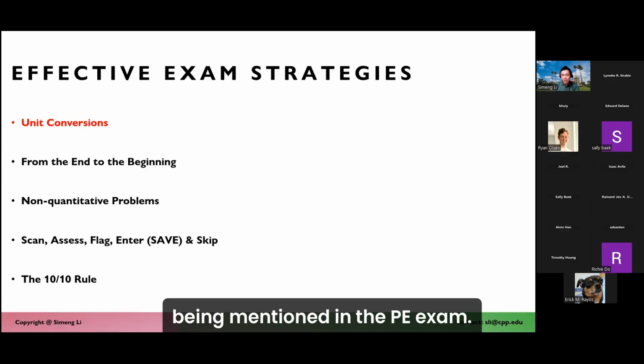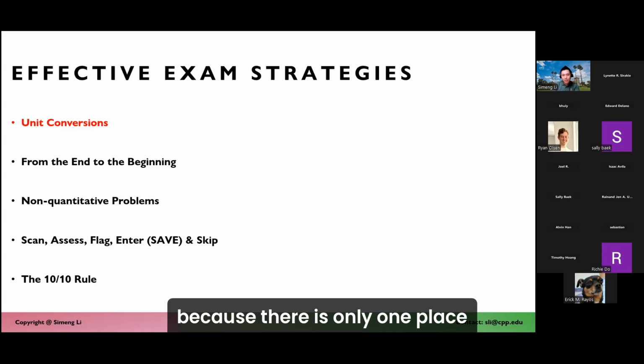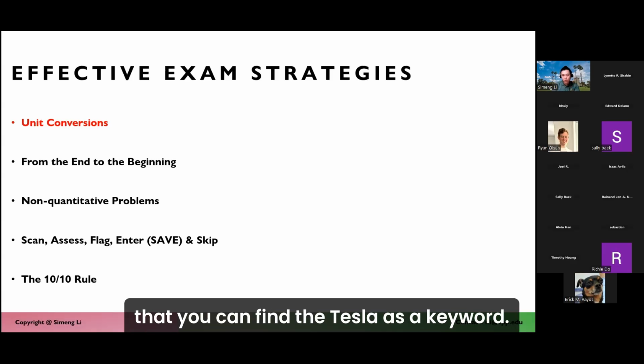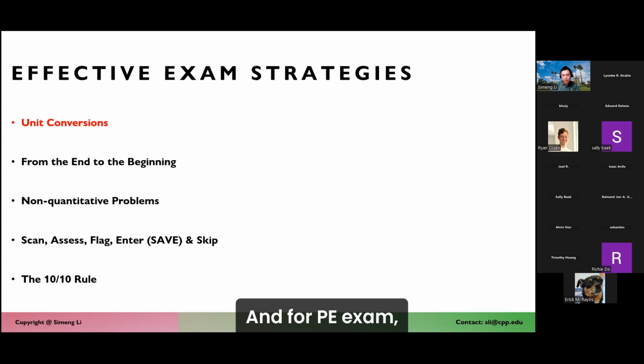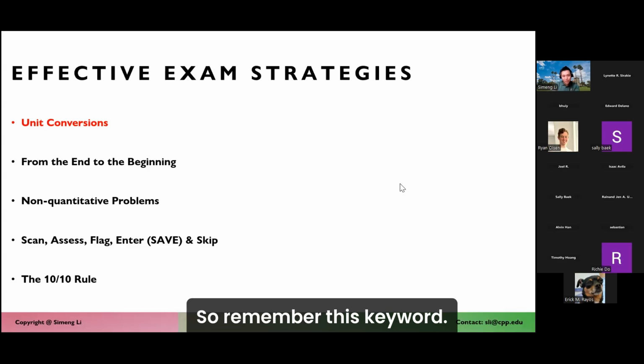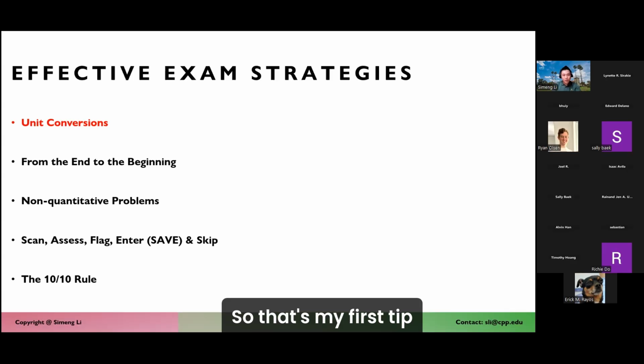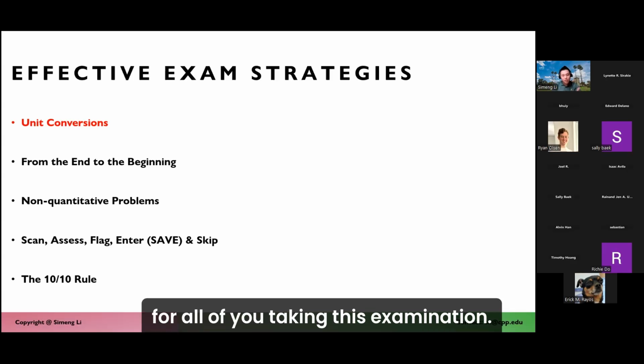In the PE exam, when you take your PE, Tesla becomes more important because there is only one place that you can find Tesla as a keyword, and that is the unit conversion page. So remember this keyword. I don't think it takes much effort to do so. That's my first tip for all of you taking this examination, whatever subject you're working on: unit conversion.